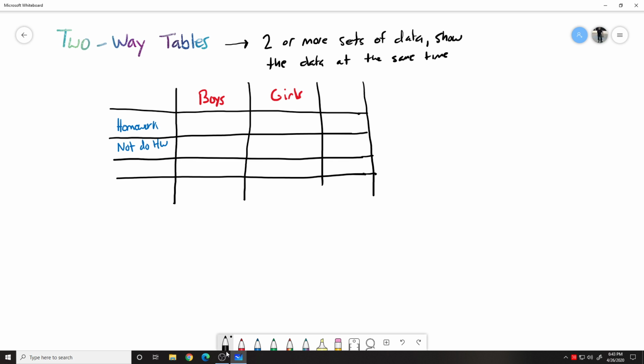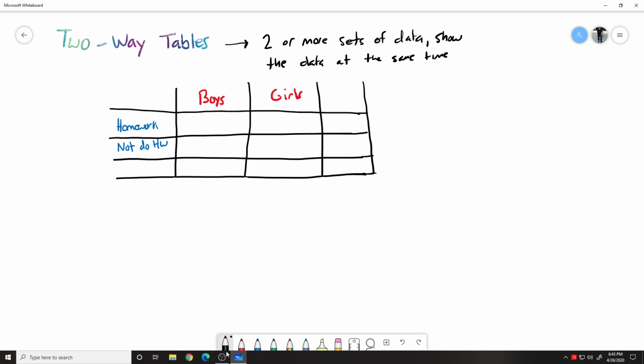The question that we're asking is, did you do your homework? You might want to pause the video and make your own table with this many rows and columns. Take your time to put it in your notes so that you can see just the basics of how these things work.